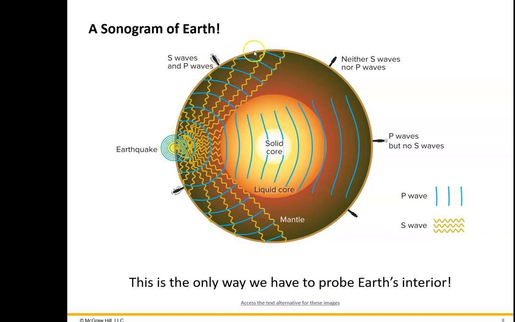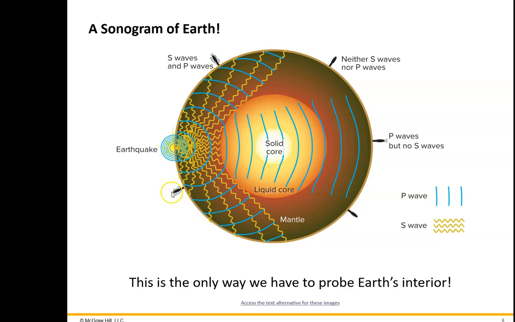Maybe a little bit further along, there's another detector, let's say right here, and then you're going to get an S and a P wave at a little bit later time. Since this detector is closer to the original earthquake, and where the original earthquake is called the epicenter of the earthquake, these waves propagate outward.